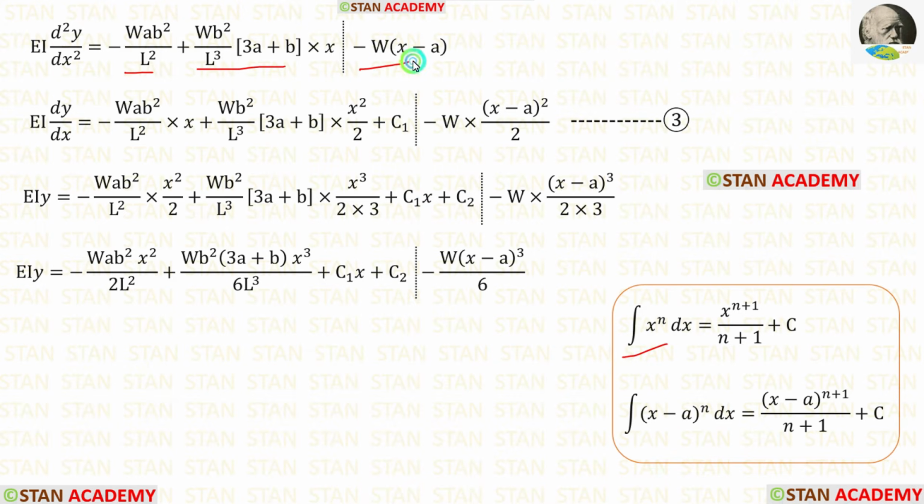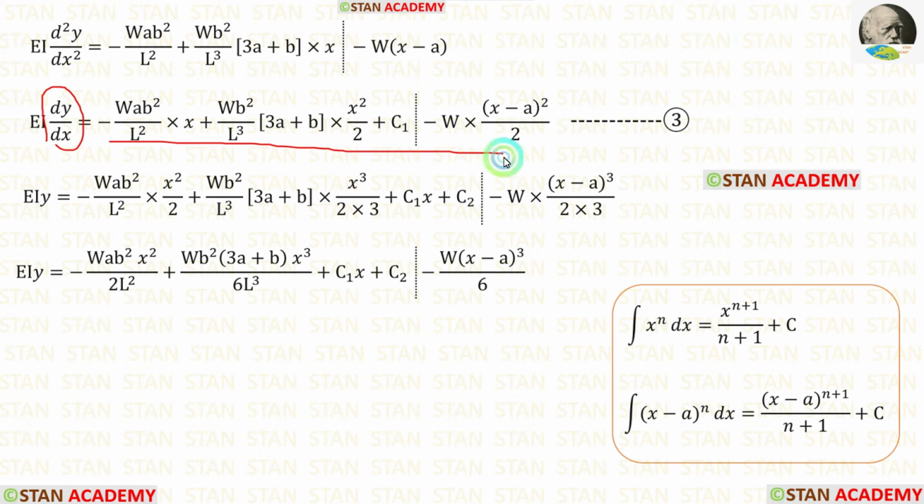For integrating this term, we can use this formula. After the integration, we will get this. C1 is the constant. We know that dy upon dx is the slope. So this is the slope equation. Let us keep this equation as number 3.